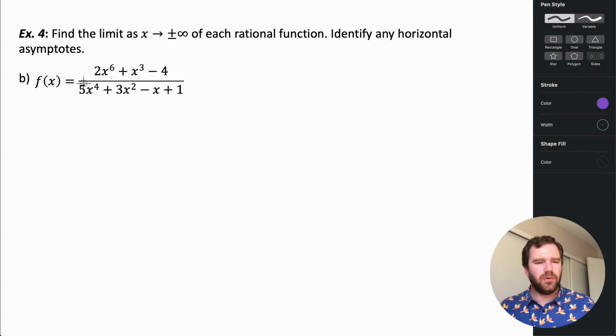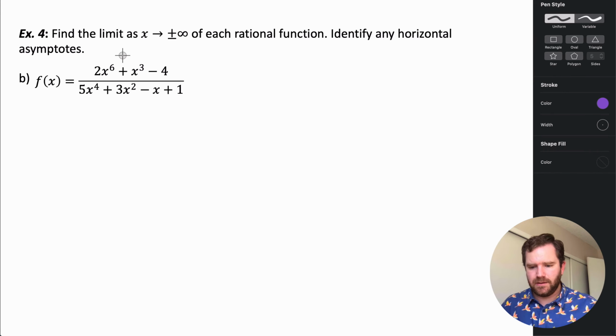Do you remember the rule about when the numerator's degree is higher than the denominator's degree? Generally we would say that this has no horizontal asymptote. What does that actually mean as far as our function is concerned? What is the end behavior going to look like? As I go off to infinity, what's happening?